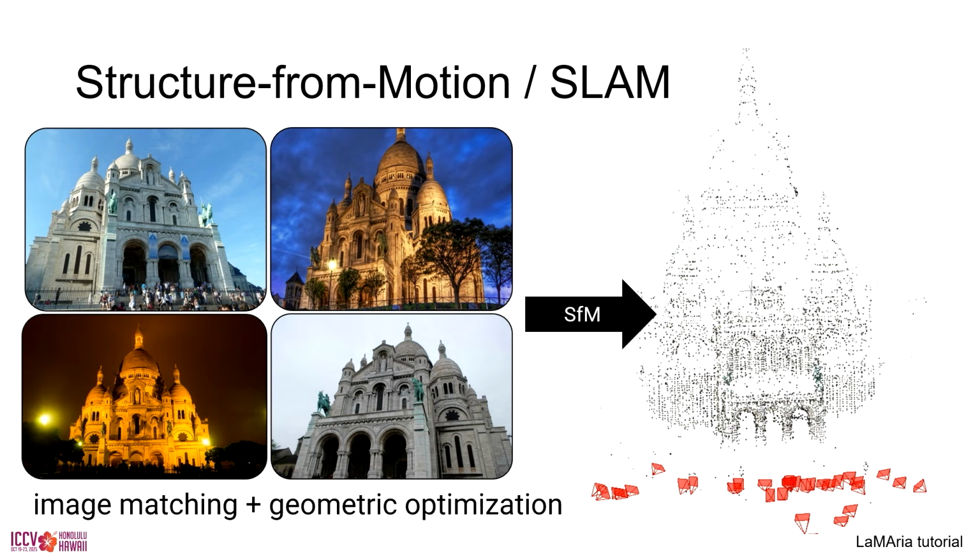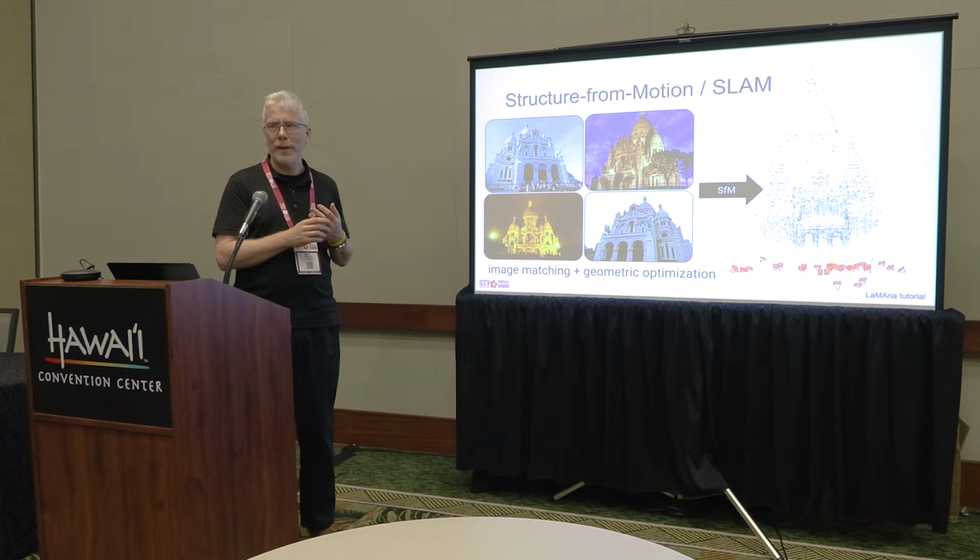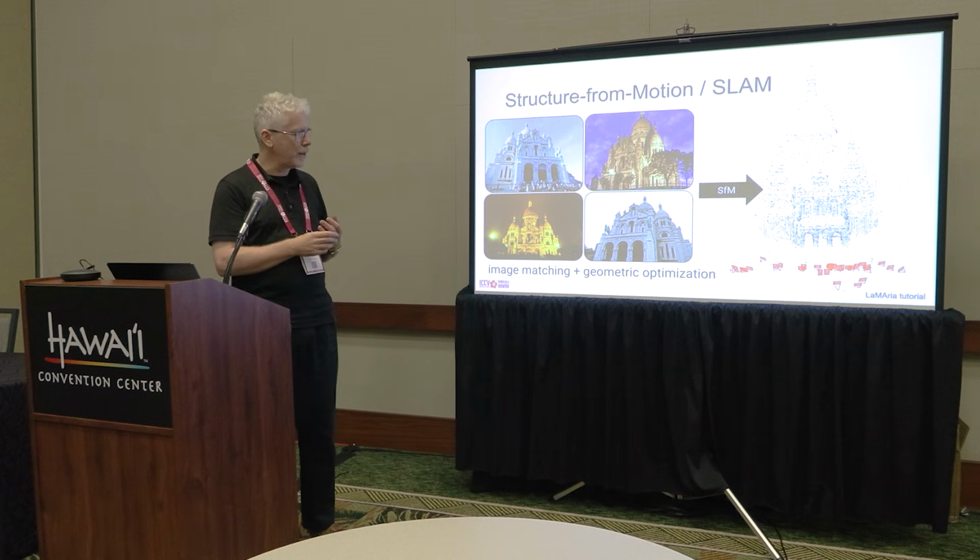As you revisit the same spaces, during that session or at some other point, you're localizing to the map that you've been building up. So you do this simultaneously, and you close loops and do things like this.